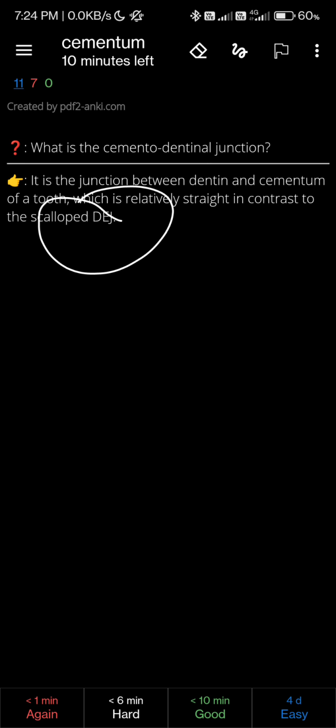So the CDJ is relatively straight in contrast to the scalloped DEJ.